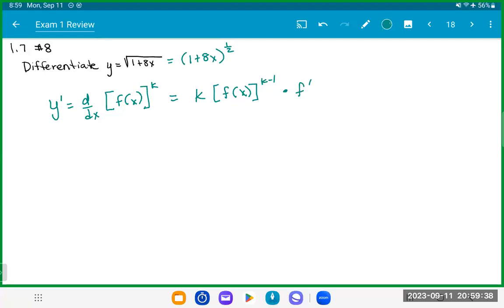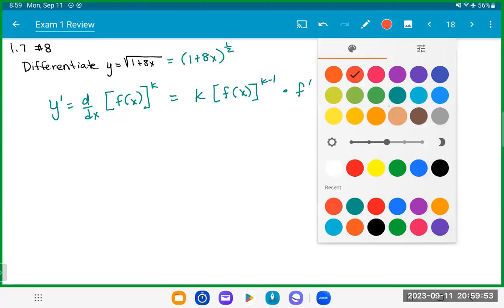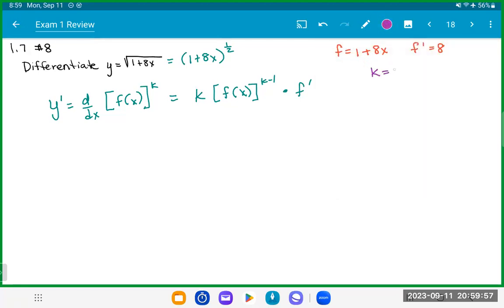Okay, something to consider: my f is equal to 1 + 8x, so my f prime is equal to 8. The other thing to consider is that my k is equal to 1/2.